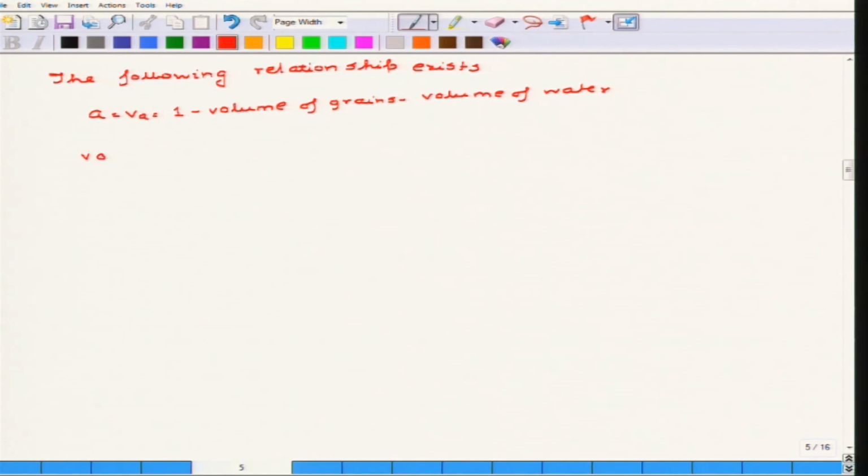Now volume of soil grains or soil solids, whatever you may call, is equivalent to weight of soil grains by gamma s, because the specific unit weight is actually equivalent to weight by volume. So the volume of soil solids will be equivalent to the weight of grains, which basically is the soil solids, divided by the unit weight of the soil solids. This is the unit weight of the soil solids.